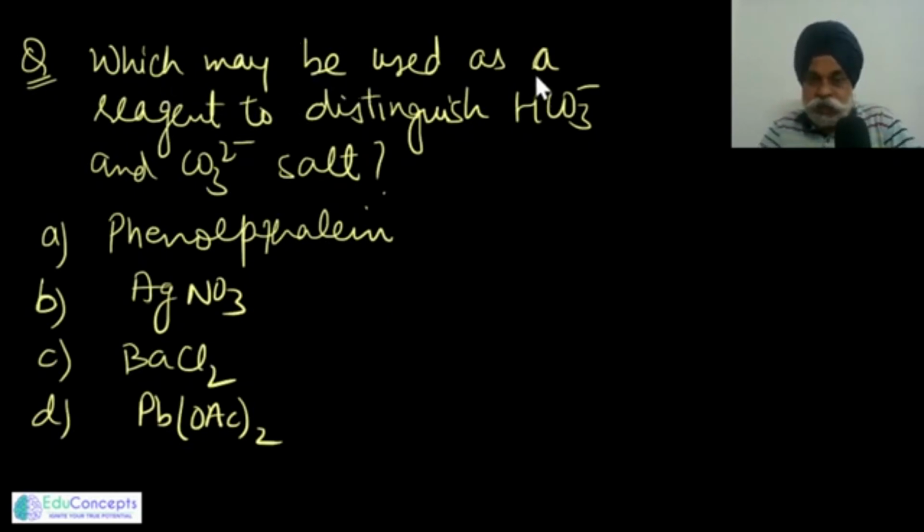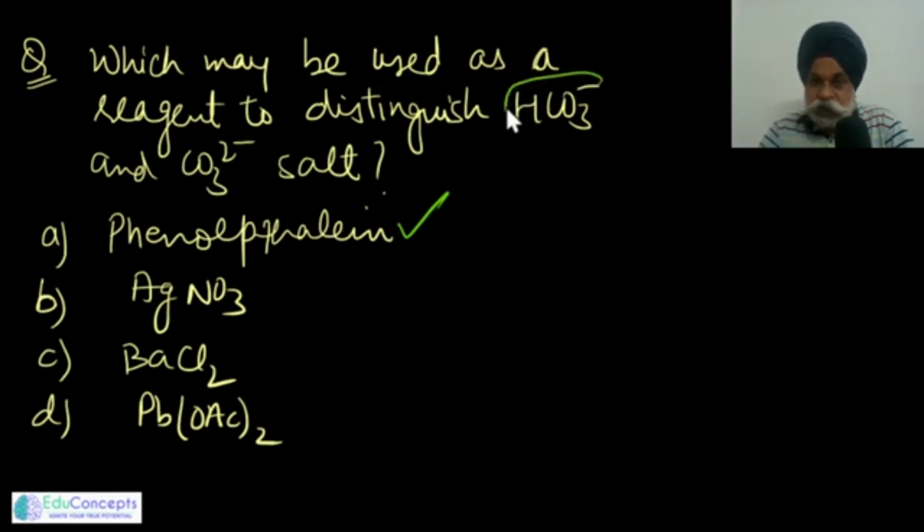Which may be used as a reagent to distinguish bicarbonate from carbonate salts? When such a question comes in the paper, one of the anions should react with the reagent and the other should not. If both react, we would not be able to distinguish, and if both do not react, then also we cannot. We did this a few minutes back. Phenolphthalein is a way of identifying the carbonate, perfectly right.